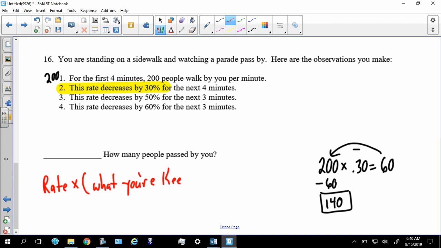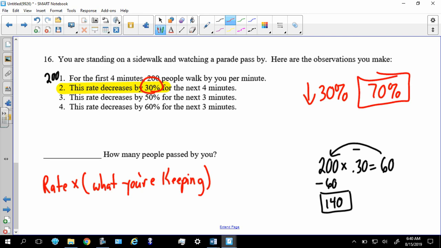If you're decreasing by 30%, that means you are going to keep 70%. So the rate is 200, and what I'm keeping is 70%. I'm going to multiply it by 0.7, and when I do that, I get 140.